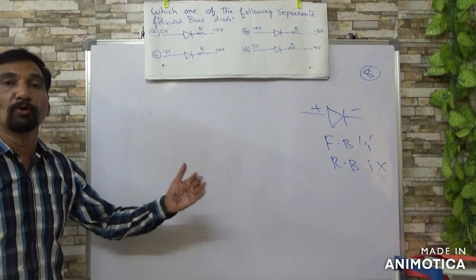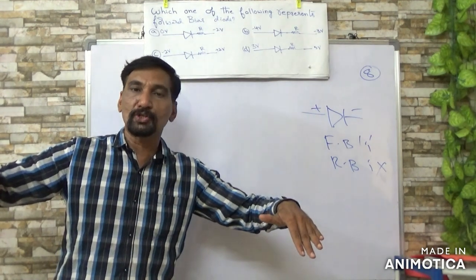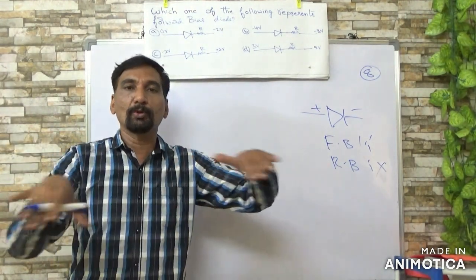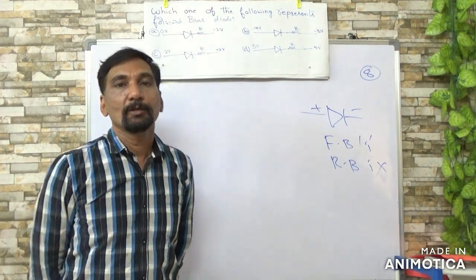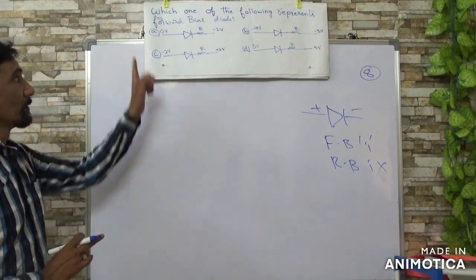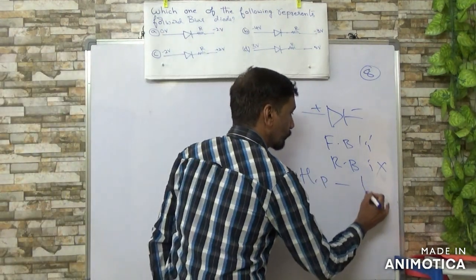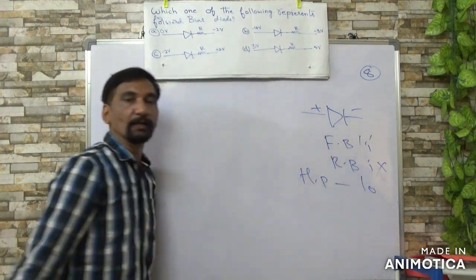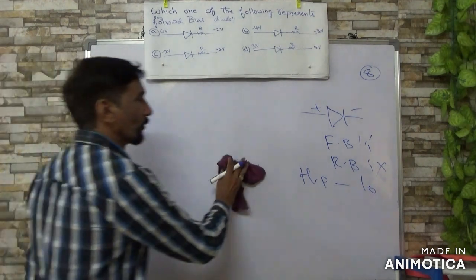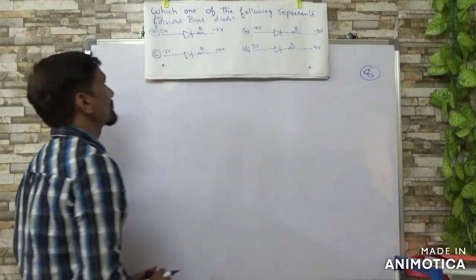So when does current flow? Only when a high potential point is connected to a low potential point. Then current flows, until both attain the same potential. So you have to find the point where it is connected from high to low potential. Now you see the first case.